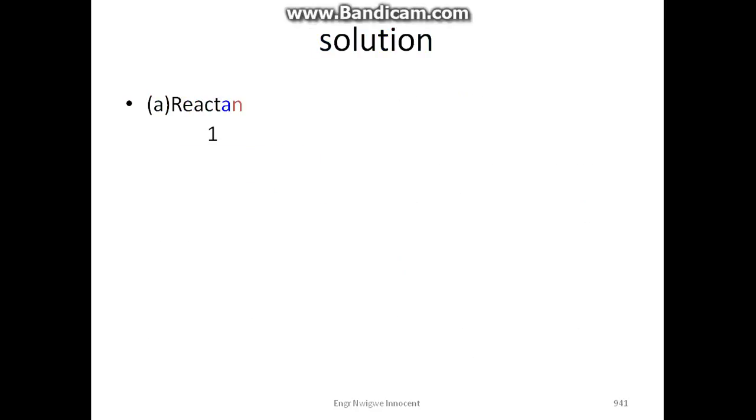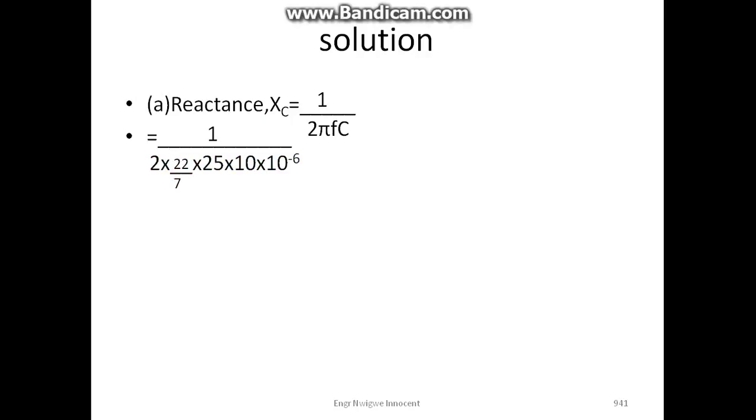Solution. A. Reactance XC is equal to 1 over 2 pi FC, which is equal to 1 over 2 times 22 over 7 times 25 times 10 times 10 raised to power minus 6. XC is equal to 636.6 ohms.